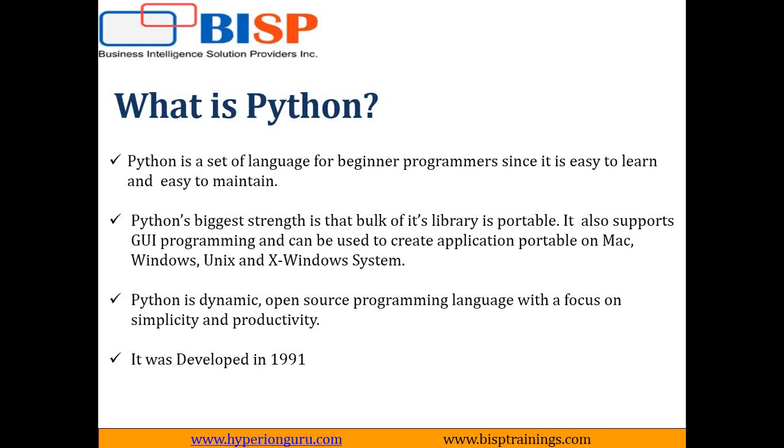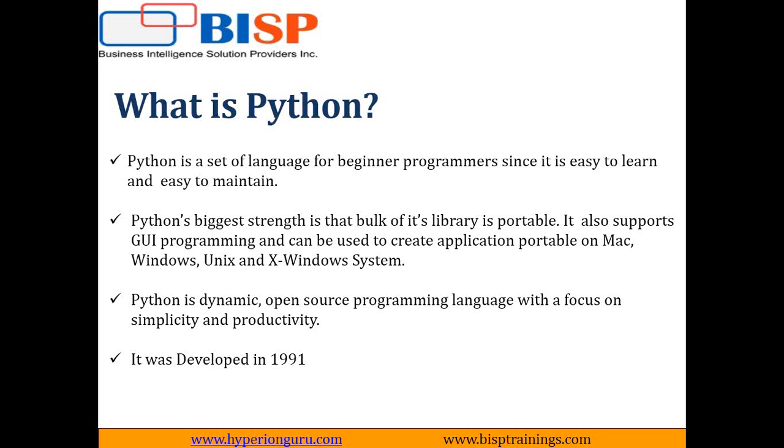Whenever any error occurs and we have to debug the Python code, that would be easier as compared to other programming languages. And it's an interpreted, object-oriented, high-level programming language with dynamic semantics. So all the functionalities which we used to have in Java or C++ or C Sharp, similar functionalities we have in Python as well.